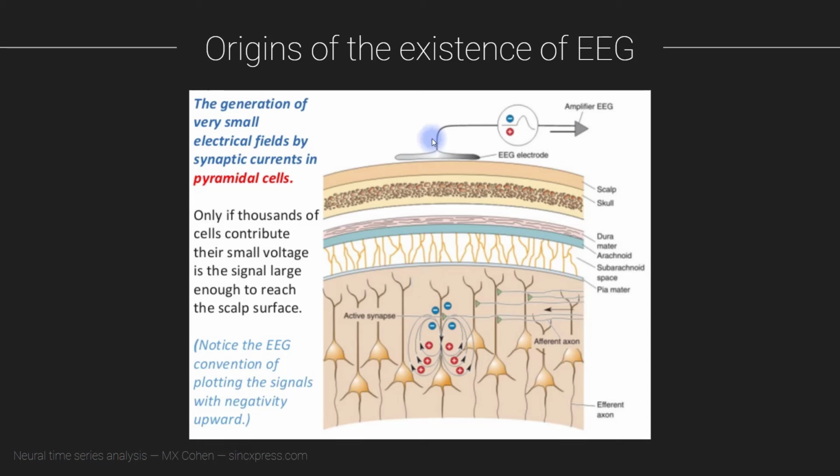An electrode sitting outside the head is going to be measuring the synchronous activity from anywhere from a few tens of thousands of cells to hundreds of thousands to millions of cells that are all active synchronously. I'm going to talk more about this issue later in this video because that turns out to be one of the limitations of EEG.